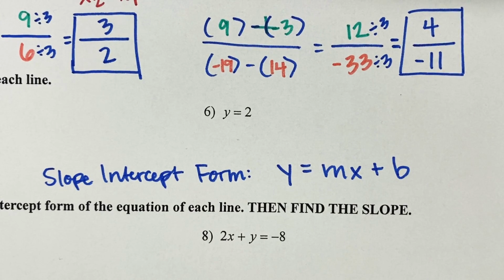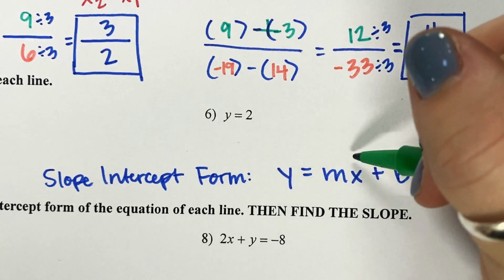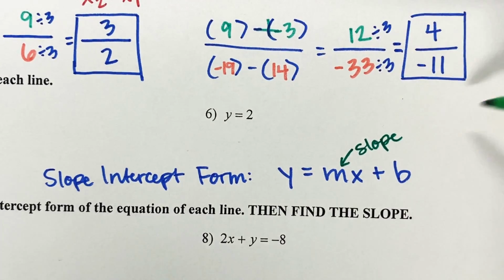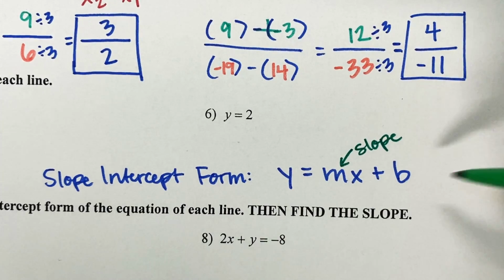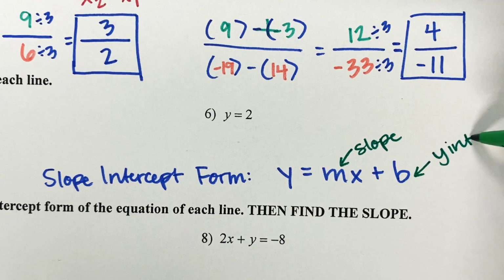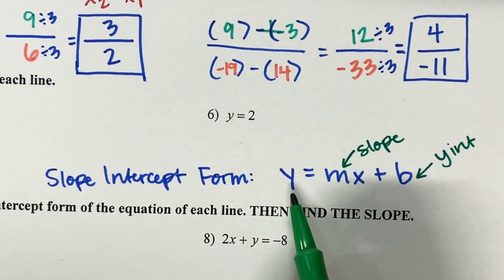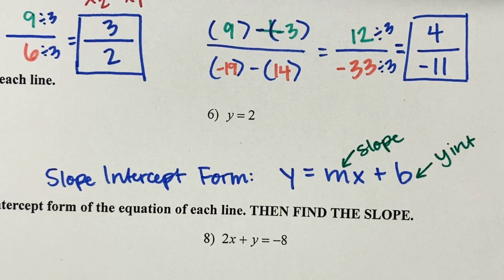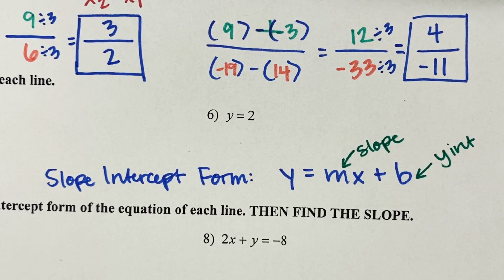Now we need to label what those letters actually mean. Our m, the number in front of the x, is always our slope. The b, the number on the end, is always our y-intercept. The y and the x will always stay a y and an x. The m and the b are the only things that get replaced.